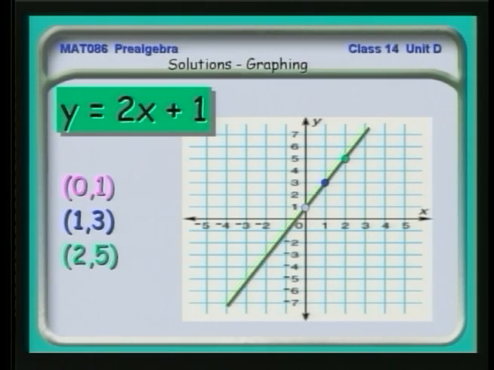Is that the case? 2 times 3 is 6, plus 1 is 7. So in fact, by choosing 3 points and drawing a line through them, that line now represents every possible pair of solutions for the equation 2x plus 1 is equal to y.